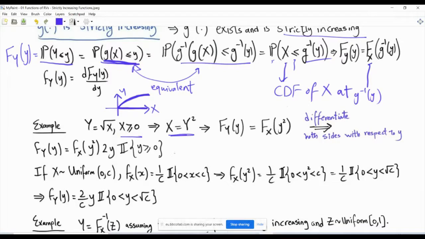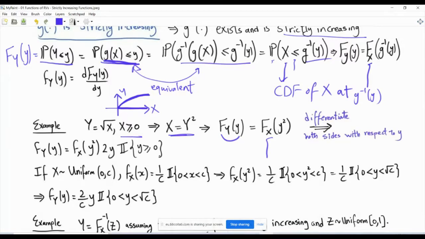If you want the CDF of y, you simply take the CDF of x and replace a small x by y squared. The function is the square root and its inverse is to square, so you go to the CDF of x and replace each x by y squared.